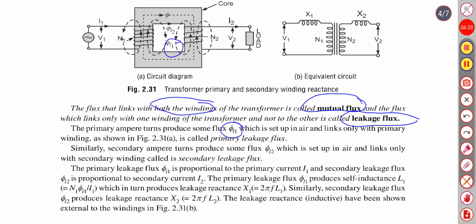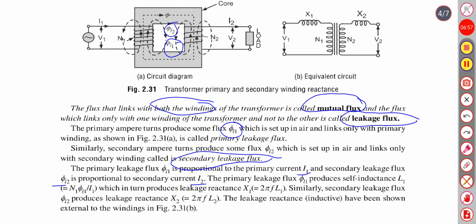Similarly, secondary ampere turn produces some flux phi L2, which is set up in the air and links only with the secondary winding, called the secondary leakage flux, represented by phi L2. The primary leakage flux phi L1 is proportional to the primary current I1 and secondary leakage flux phi L2 is also proportional to secondary current I2.